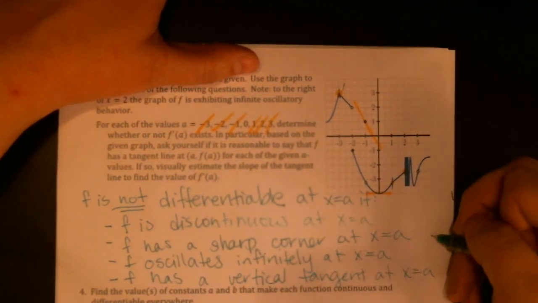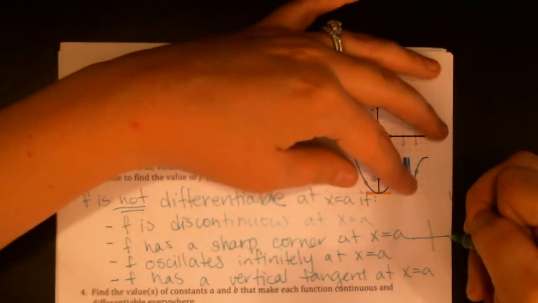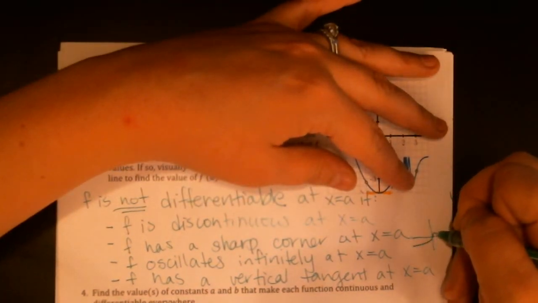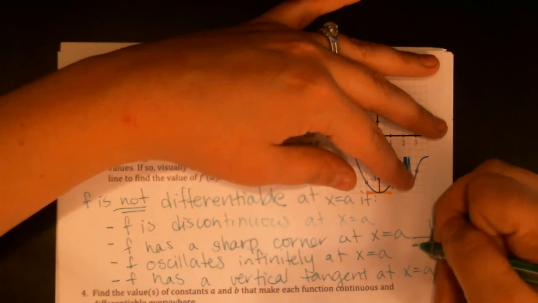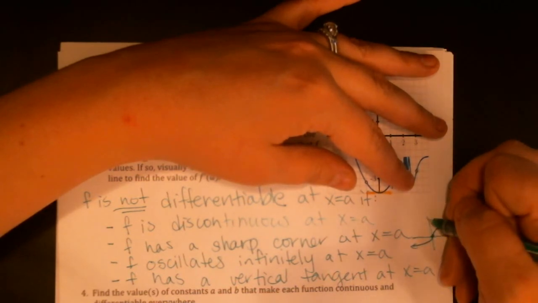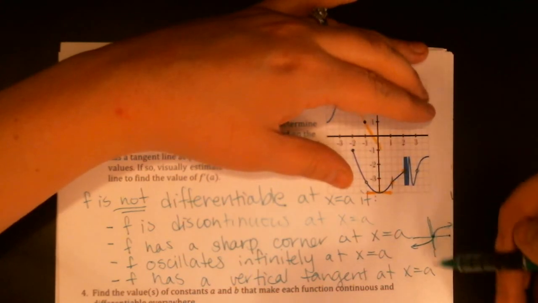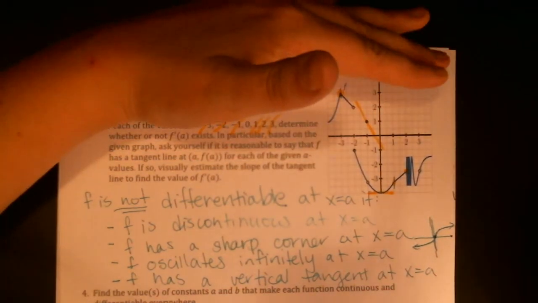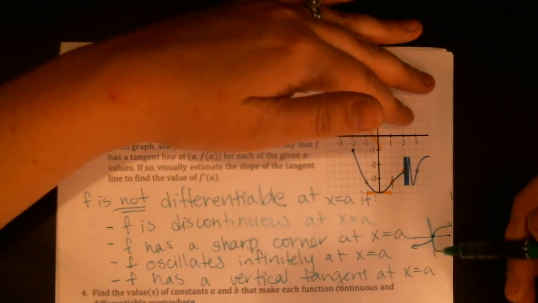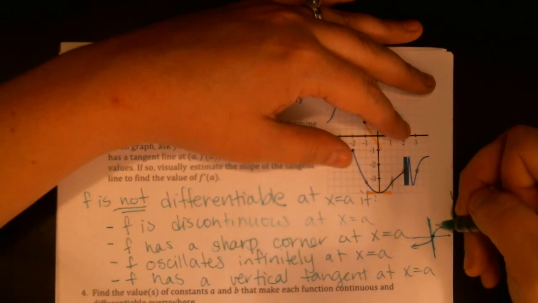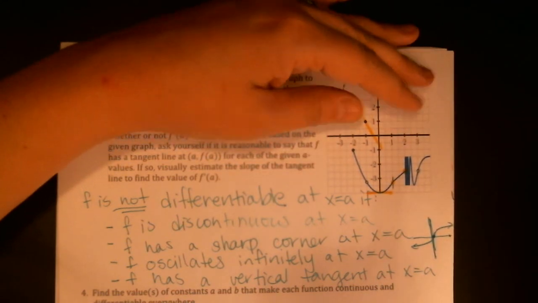A really good example of that would be a cube root. Let's see if I can draw a cube root right. It goes like this. Right here at the origin, the tangent line would actually be exactly vertical, and the reason that's undefined is not because there is no tangent line, but because a vertical line has undefined slope. So that's why that one gives us not differentiable.